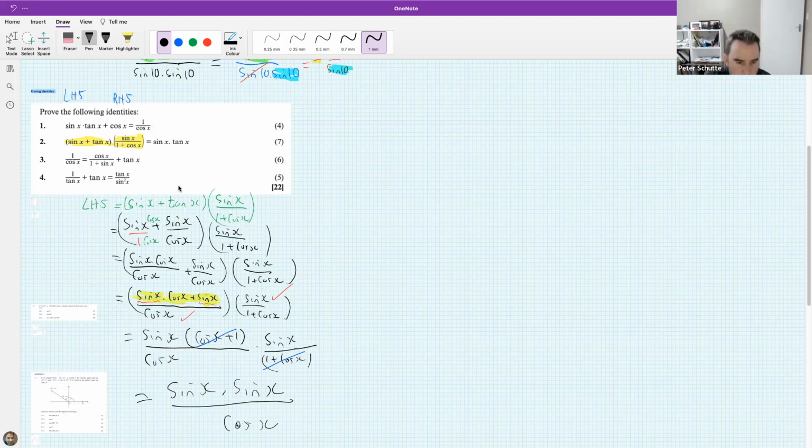What do I need to do? It's almost there. I've got a sine x and a sine x, but I need a tan x. What you'll notice is that this becomes tan x because sine x over cos x is tan x, which is then equal to the right-hand side.